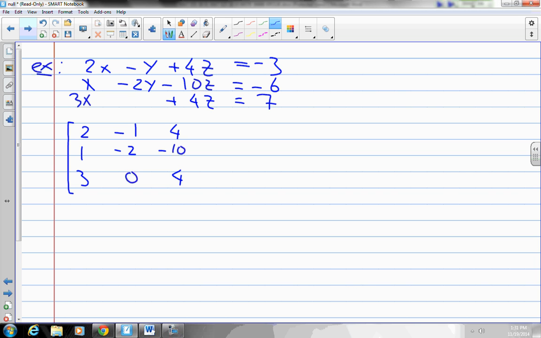Is everybody okay? Just wrote the coefficients. Now, if I want to keep it as a system, the way we're writing the right-hand side of the equation, we're putting a vertical bar like that. And we're going to write the equal part, -3, -6, 7.